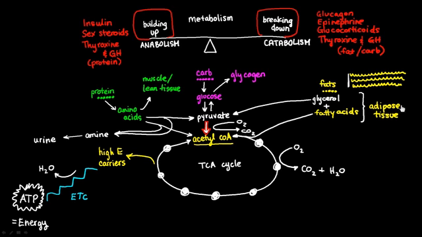This is how excess carbohydrate, if it's taken in the diet, can lead to excess adipose tissue. Excess fat, if we eat too much fat in our diet, that can lead to adipose tissue. And even if we eat too much protein, it'll just be deaminated and converted to acetyl-CoA, which can be converted to adipose tissue.